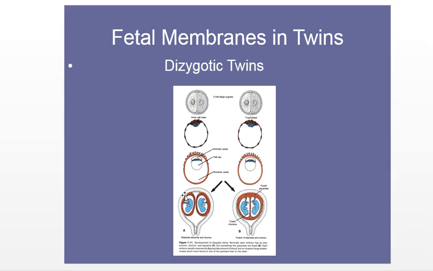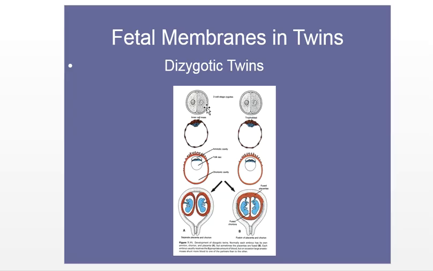They result from the simultaneous shedding of two oocytes and fertilization by different spermatozoa. It means that we have two oocytes in the ampullary region, and these two oocytes are fertilized by two sperm separately. They may or may not be of different sex.